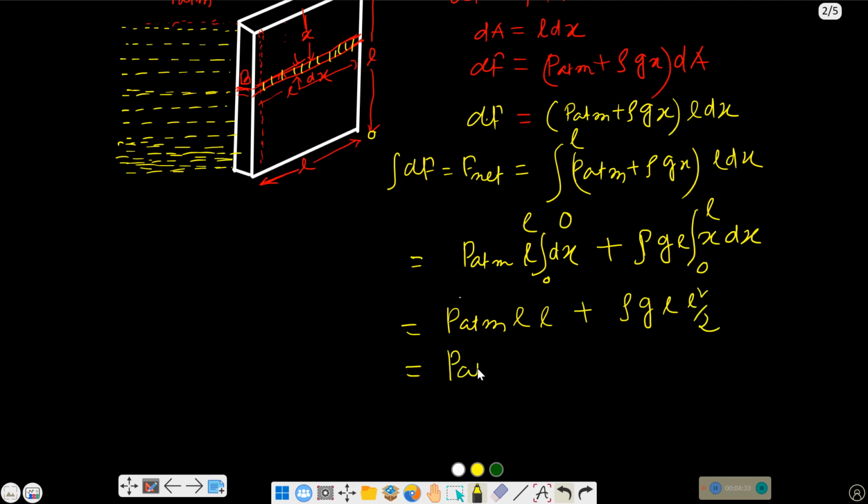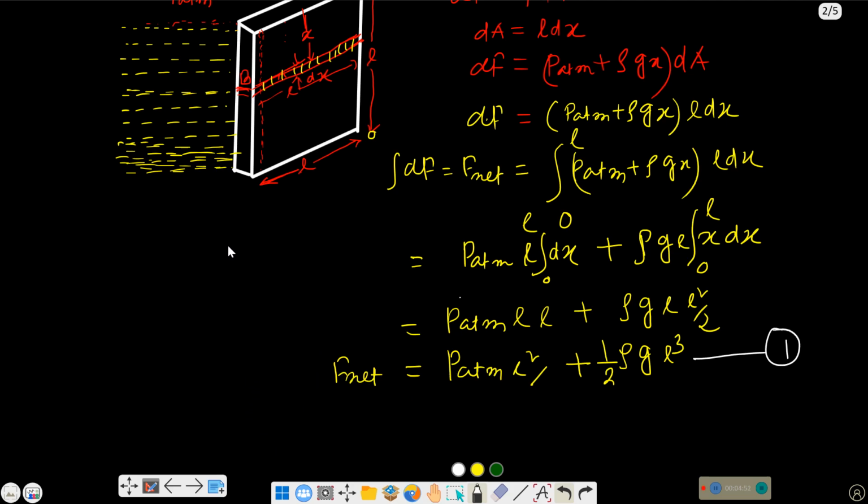So we will get F net equal to p atmosphere L square plus rho g L cube by 2, is it? So this is your net force on the wall. This is the expression for the net force on the wall.